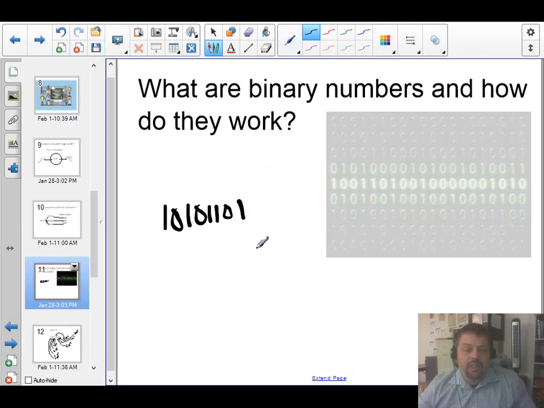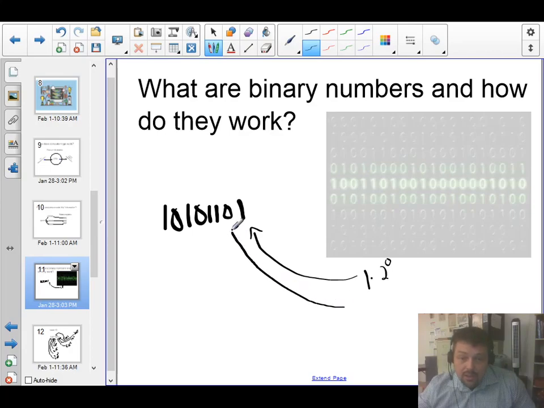And each one of these places is going to represent a successive power of 2. So the rightmost one is going to be 1 times 2 to the 0th power. And remember, anything to the 0 power is 1. So that's 1 times 1, or 1. This next one is going to be 0 times 2 to the 1st power.